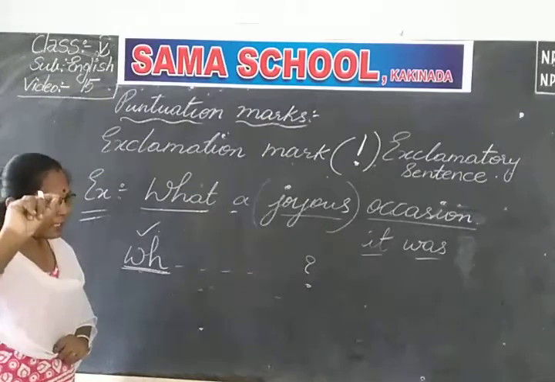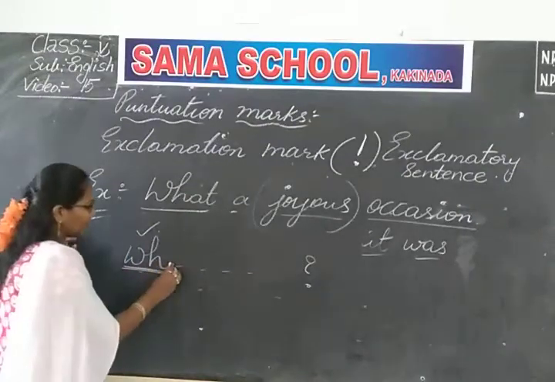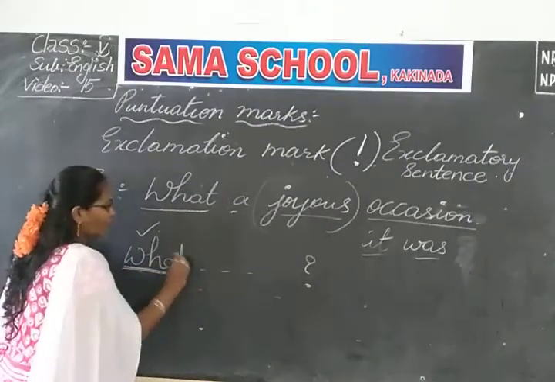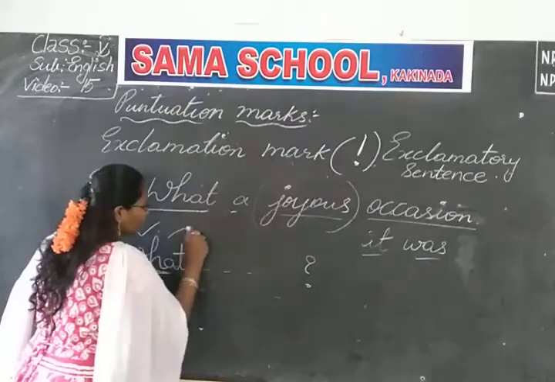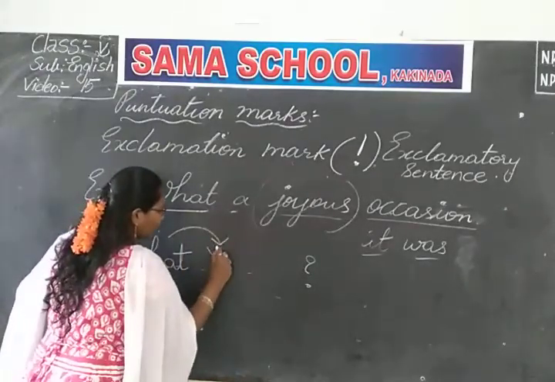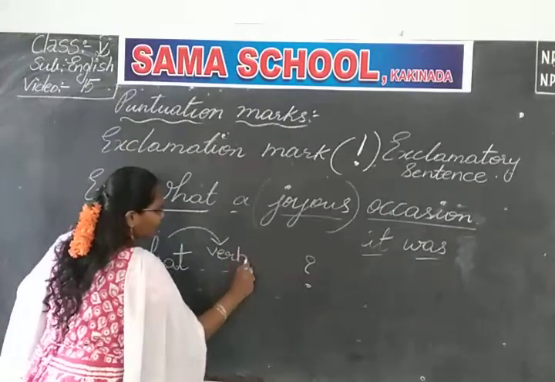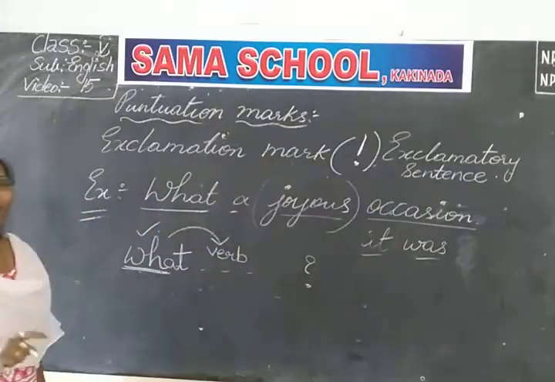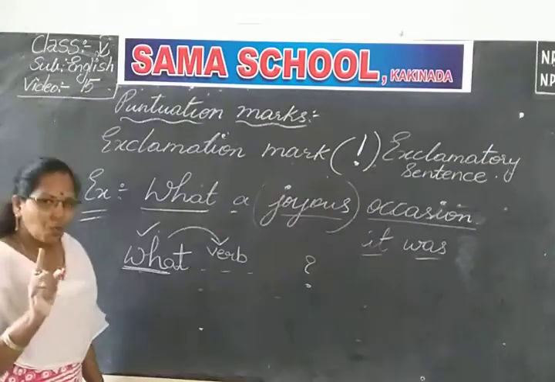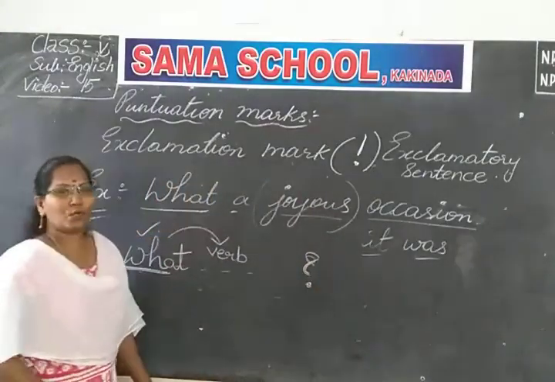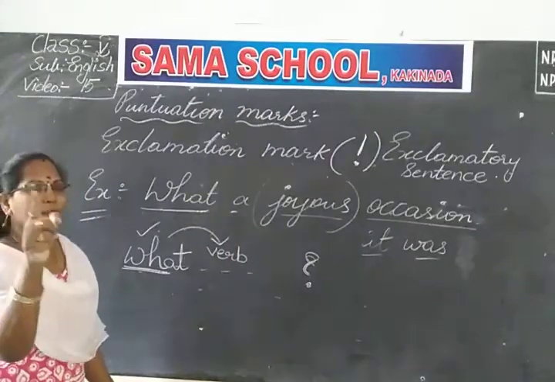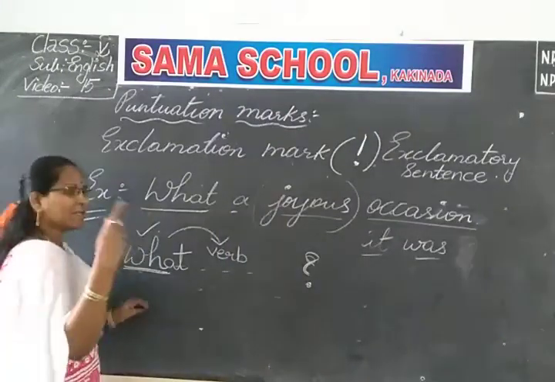I told you very clearly, after using this WH word, what or why, where, whatever it comes, after that you should find a verb. You should compulsorily find a verb. Then only it is considered as a question. Then you should place a question mark. That's what I told you. That's why I insisted very clearly on that step in that video.